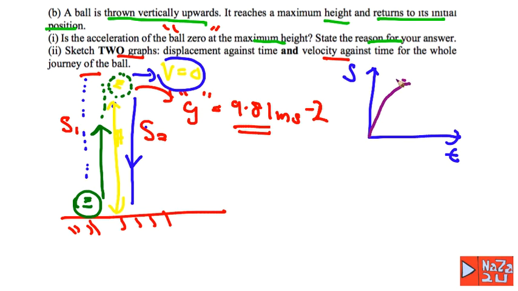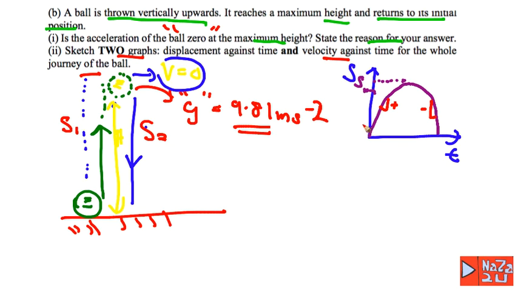That's why this is S maximum, and after that the ball starts moving downward. So moving downward means the magnitude of the velocity increases, but the direction of the ball is negative. That's why if you calculate the gradient here, here we have a positive, here we have a negative, because this is the opposite direction, right?